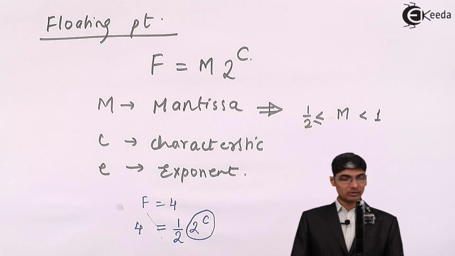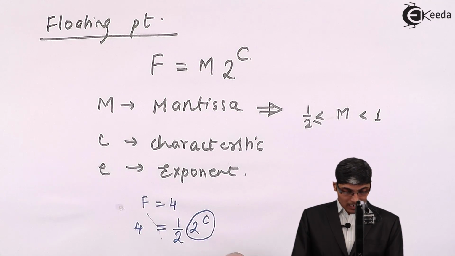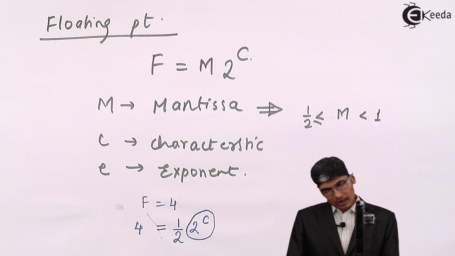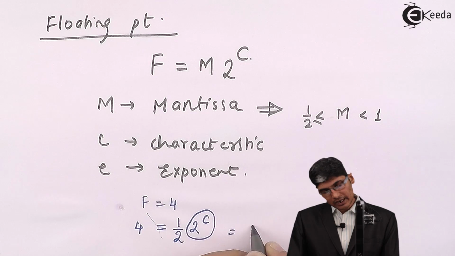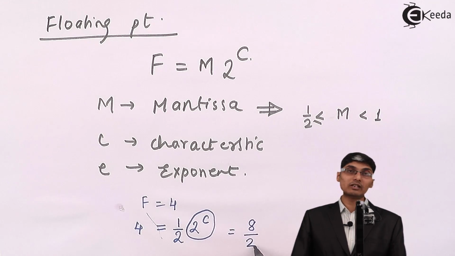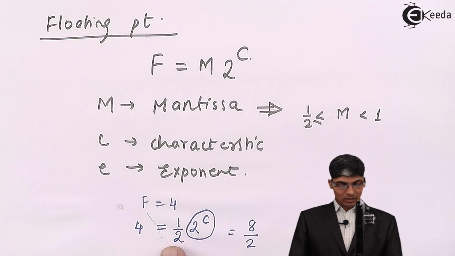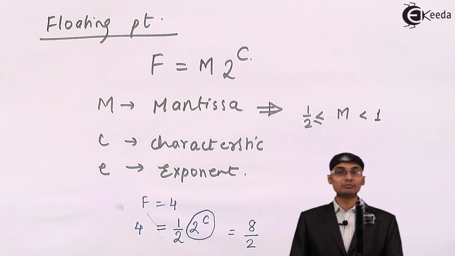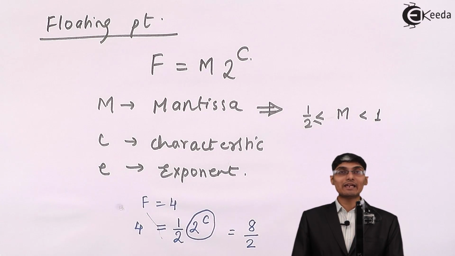That is only possible if the answer of this number is 8, isn't it? So I want the actual result to be 8 by 2 because I have used this as 1 by 2. If I want the answer as 8 by 2, then I want 2 raised to c to give me the answer as 8.